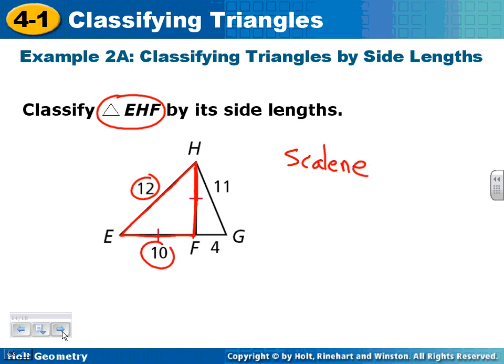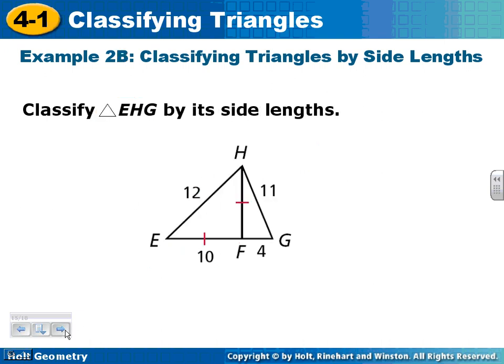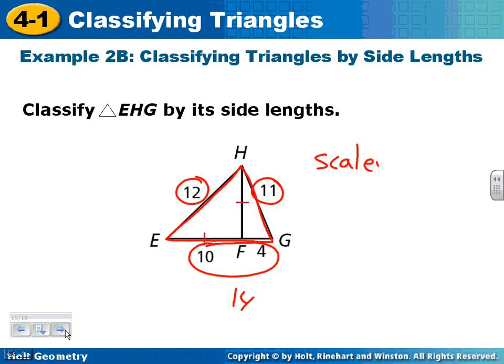Every side's different, so it's going to be scalene. Let's try another one. This time, E to H to G. So it's the big triangle. So my side lengths here would be, that's a 12, that's 11, 10 and 4 add up to 14. So everything's different, so that would be scalene as well.